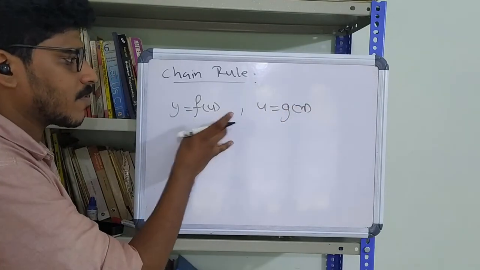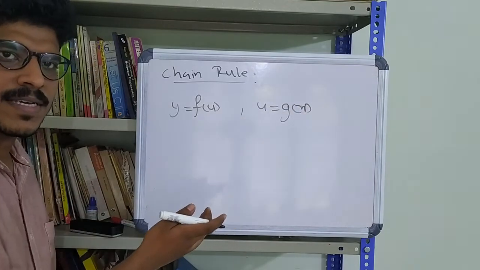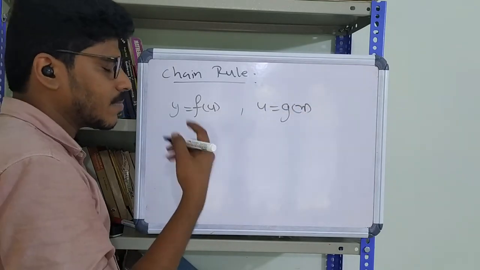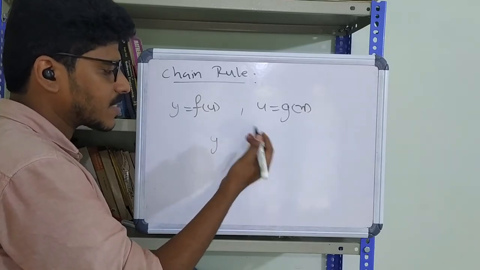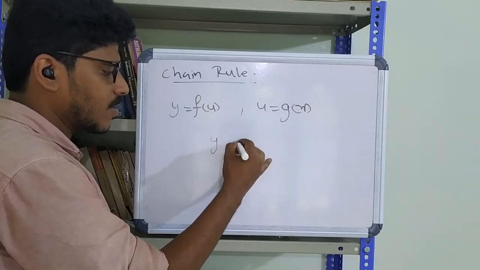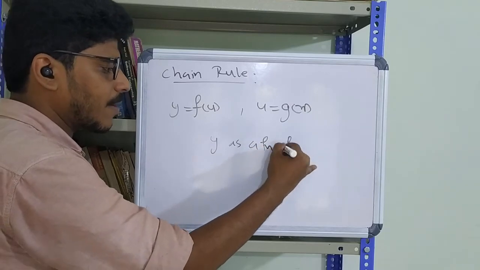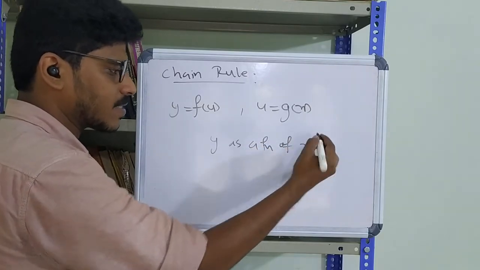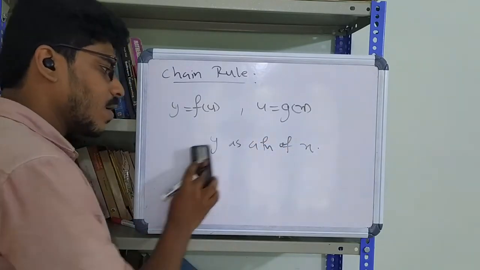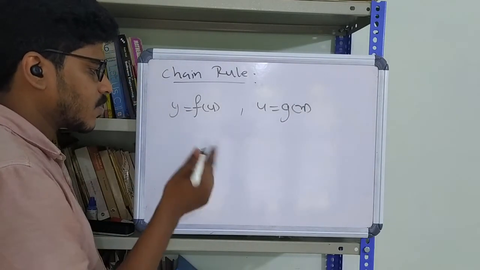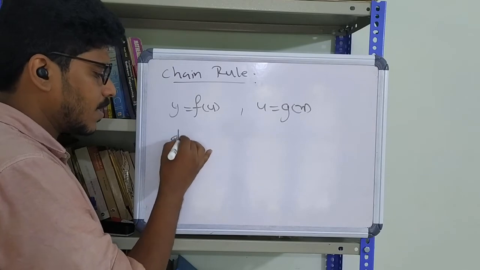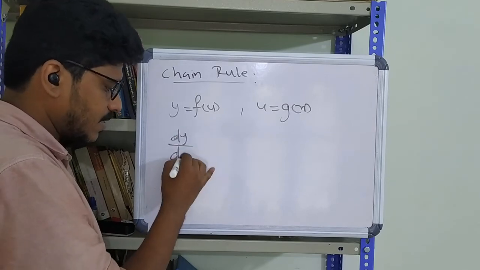This gives us an intuitive idea that y can be thought of as a function of x. In that case, if y can be thought of as a function of x, we can think about dy by dx.